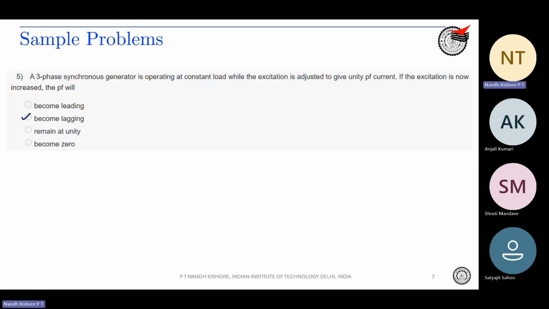So what is happening if you increase your field current, that is, you increase phi f or IF? Your internal EMF is also going to increase. You already know that E is equal to V plus jIX.